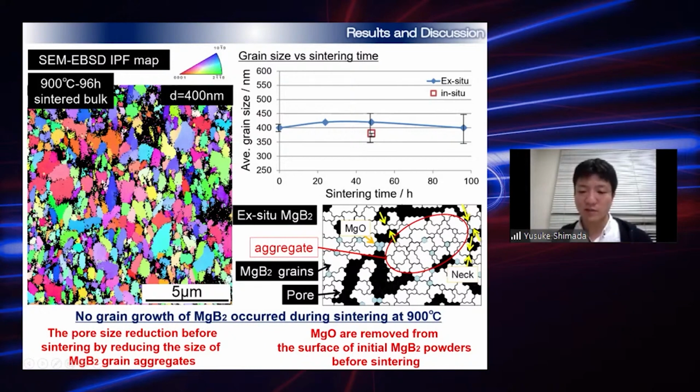So if we can make fine precursor aggregates, this space is decreased. And the other is removing magnesium oxide from the surface of the initial MgB2 powders before sintering. So it can reduce this kind of neck part.